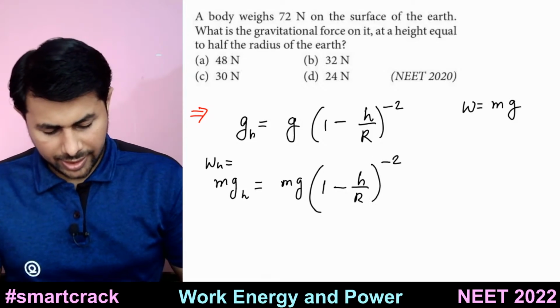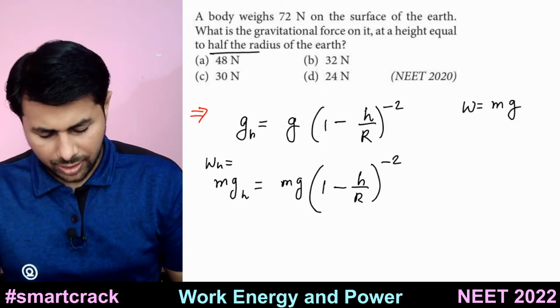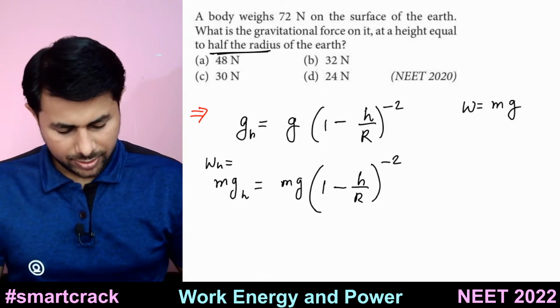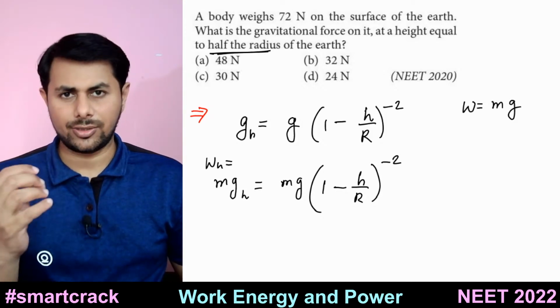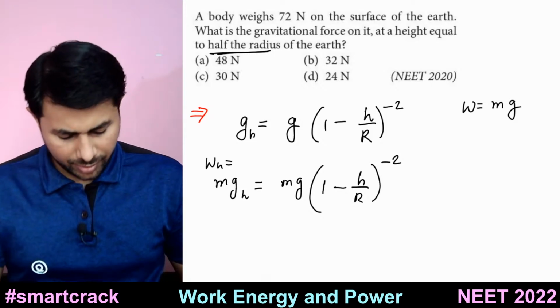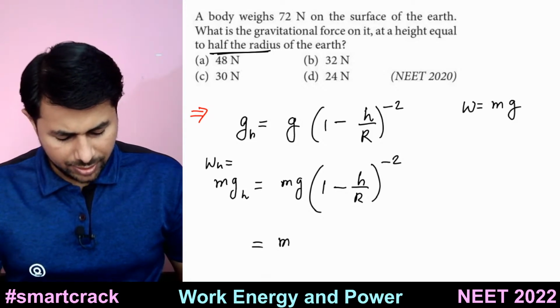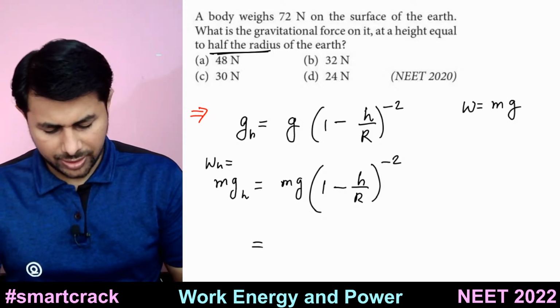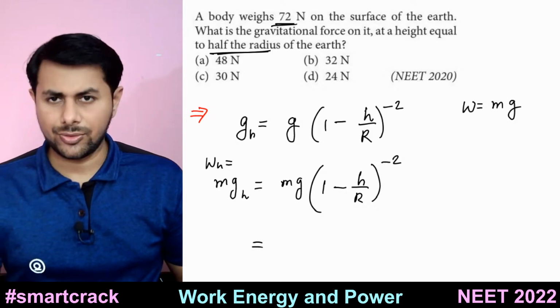And how much is h? Height is equal to half of the radius of Earth. So in place of h, I will substitute R divided by 2. The value of mg is given: 72 newtons.